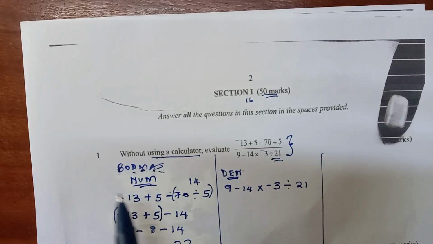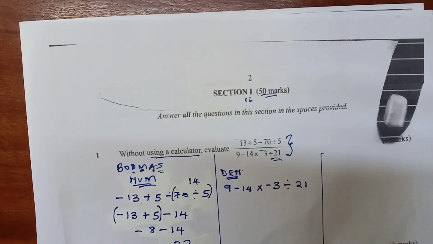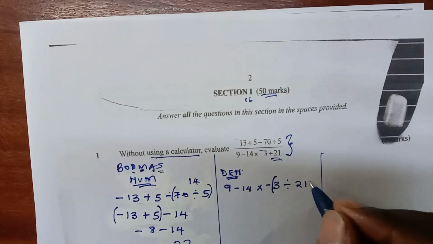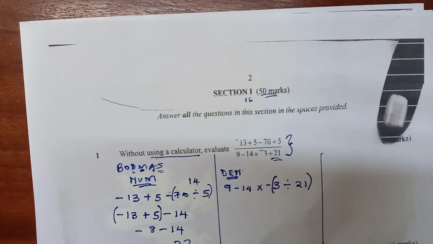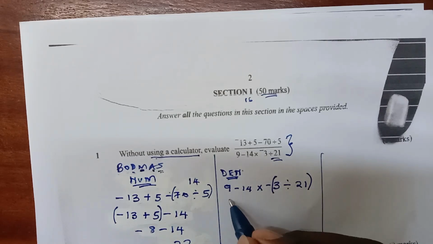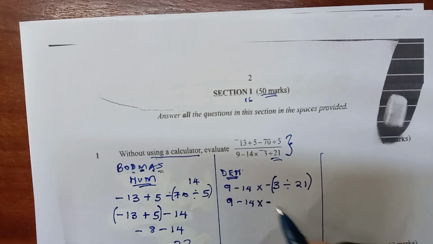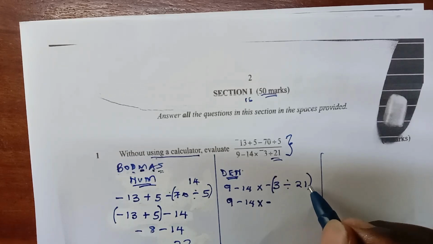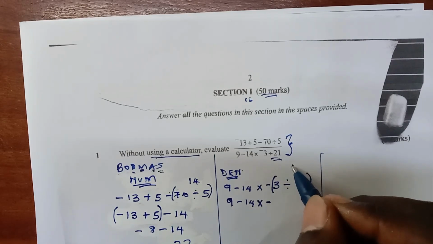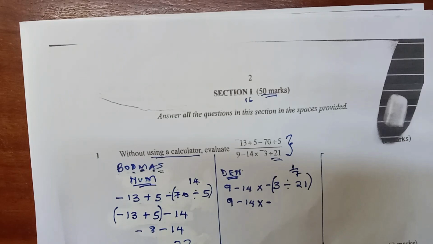Still following BODMAS, there are no brackets or parentheses, there are no orders, but there is division, which is 3 divided by 21. This translates to 9 minus 14 times negative, and 3 divided by 21 translates to 1 over 7.